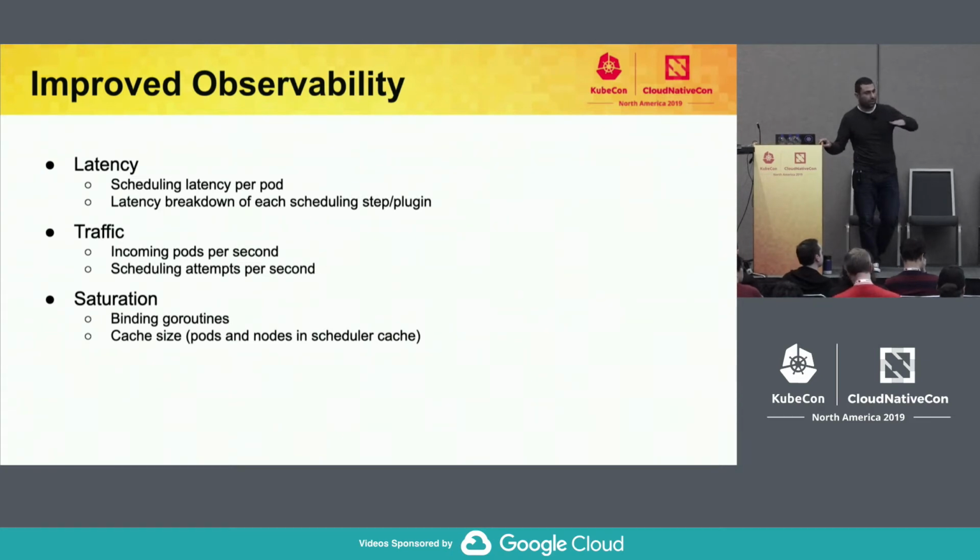So we have our own cache that we actually snapshot for each scheduling cycle, so that when we schedule a pod, we have a consistent state while executing all these extension points. We were concerned about this overhead, so we're tracking the cache size, which is going to be proportional to how big your cluster is. That probably should also help you, if you look at the history, with how you provision the resources for the scheduler itself.